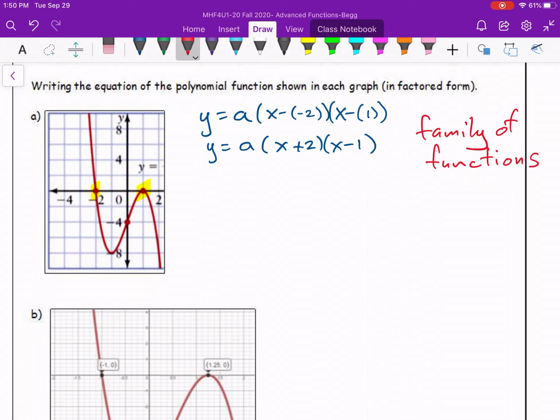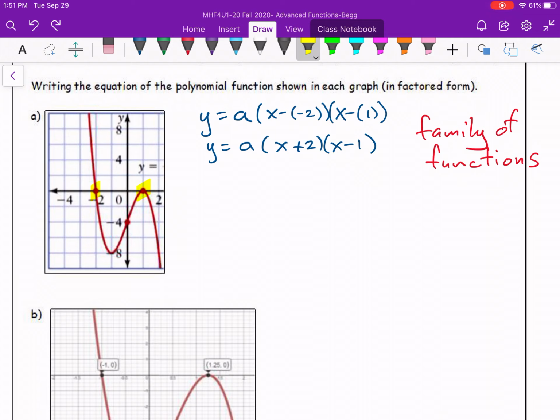So that's a good way to think about it. If I want to find a specific member of the family, then I need to know what the a value is. With an a there, it could be lots of different versions. But if I find a specific value of a, then I have a specific member of the family.